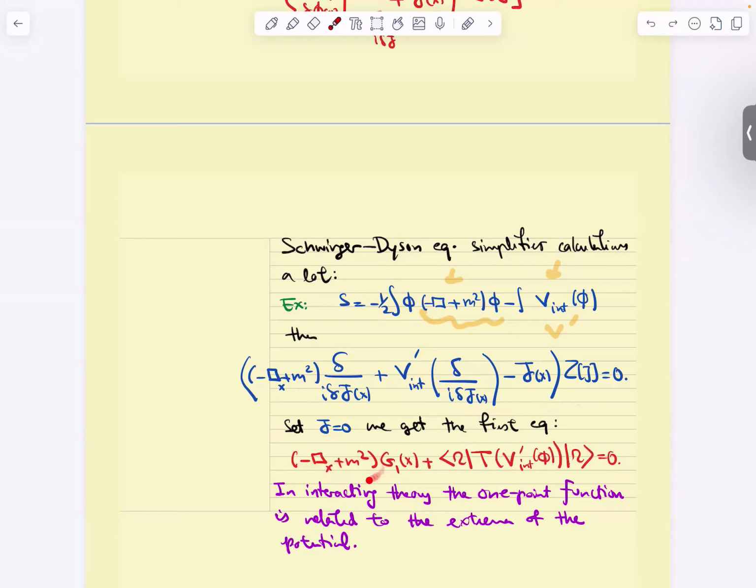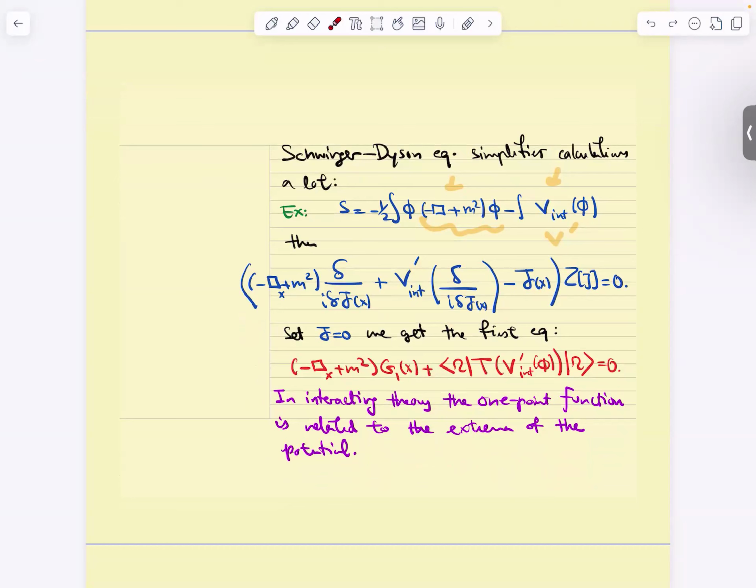So you get the fact that the Klein-Gordon operator acts on the 1-point function. Is it clear why 1-point function? I'm multiplying by dividing by 1 over Z naught, and then the time ordered V prime. V prime is force, basically.